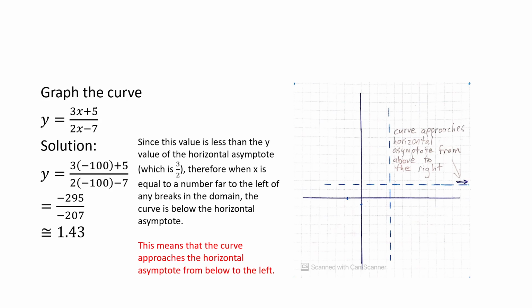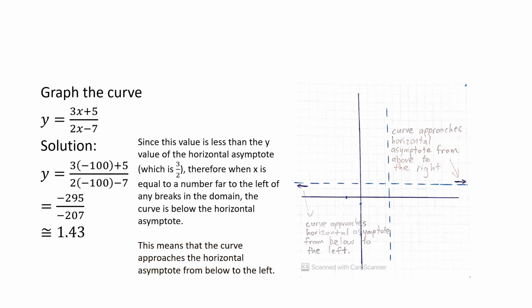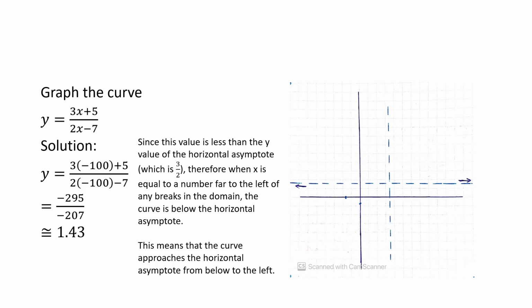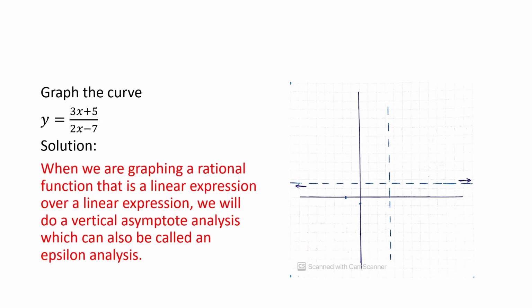And so, as it says in red here, the curve approaches the horizontal asymptote from below to the left. And we can put a little arrow underneath the horizontal asymptote there. So we're kind of starting to see what this curve looks like. Okay, we're starting to get a pretty good idea, just like that.